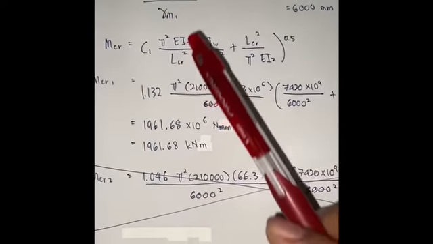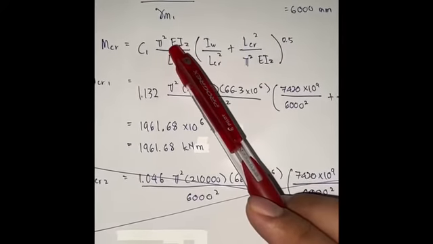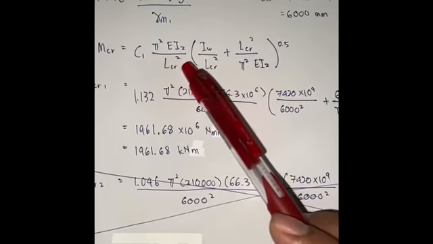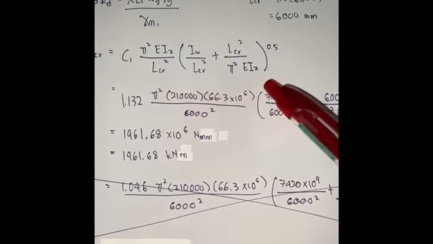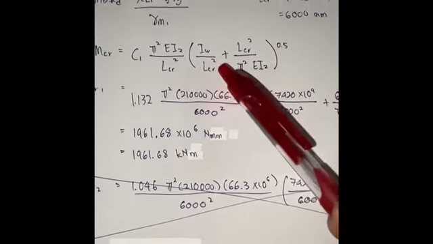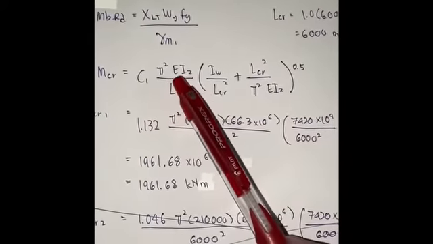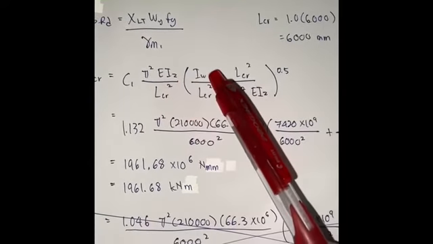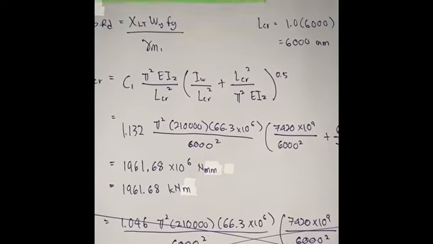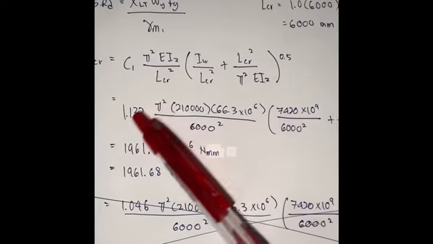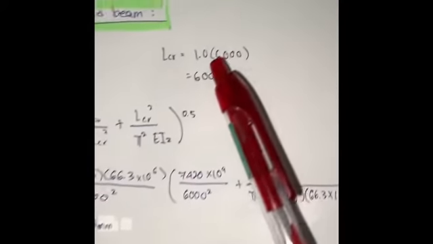We must put in all the variables such as E, IZ, LCR, and IW. So E, IZ and IW, we get from the table of dimensions. So for the LCR, we must find the critical length.